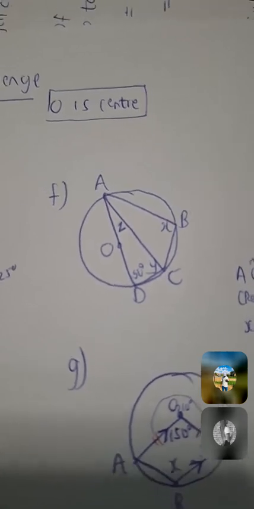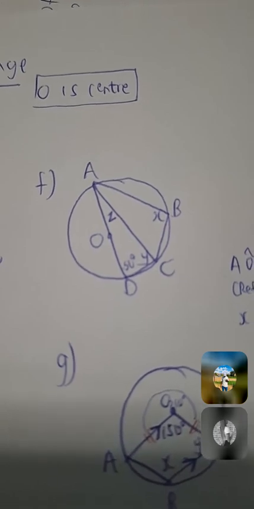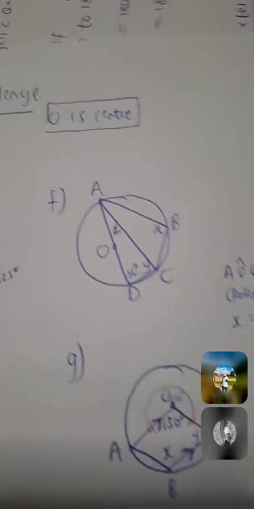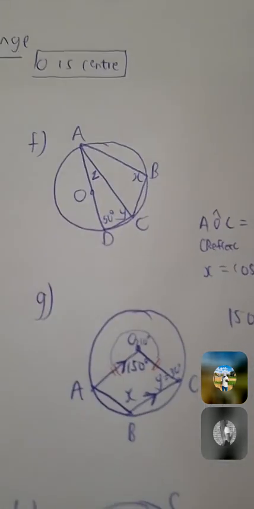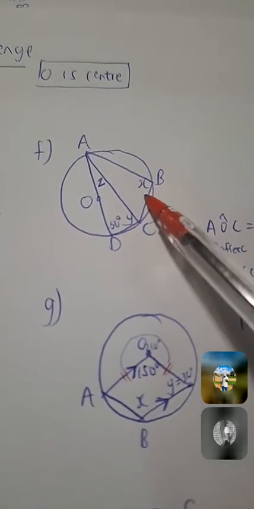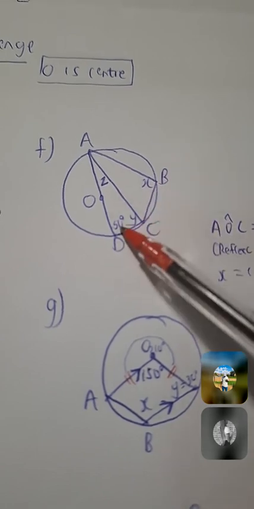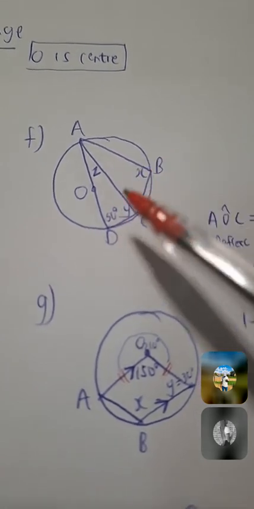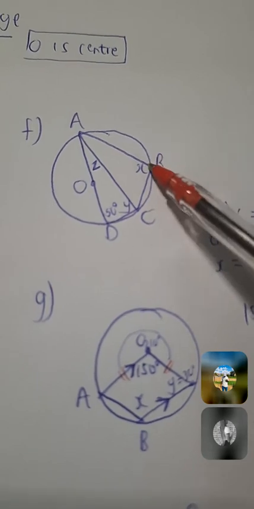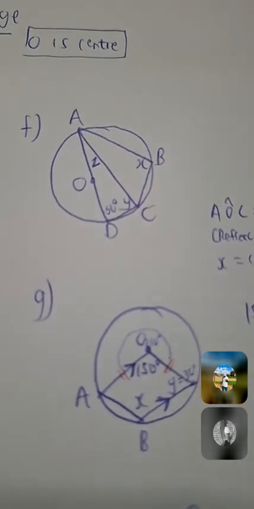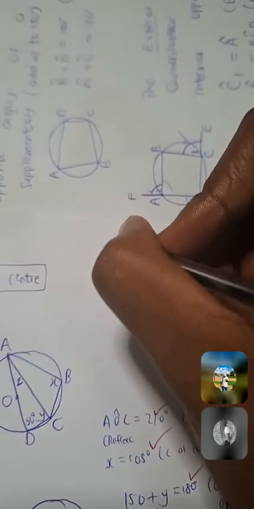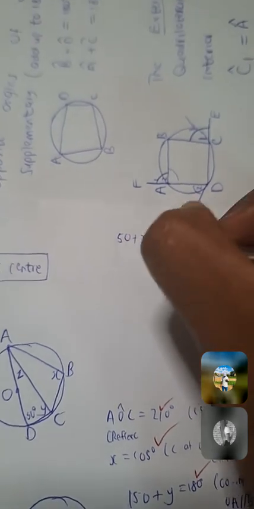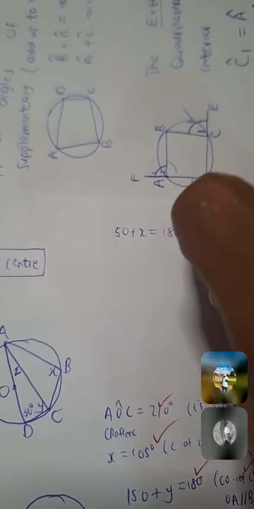Okay, since ABCD is a cyclic quad, we can say 50 plus x is equal to 180. Yes. Okay, so let's do that. 50 plus x is equal to 180.